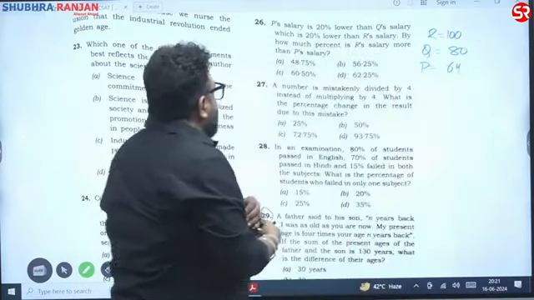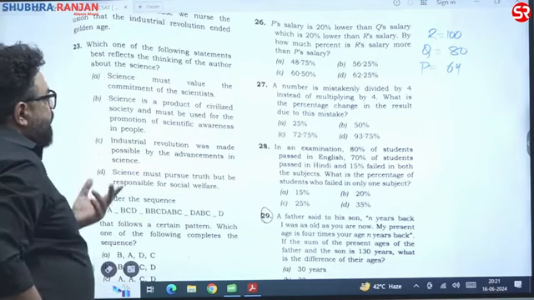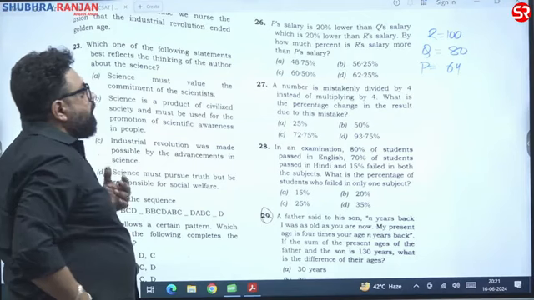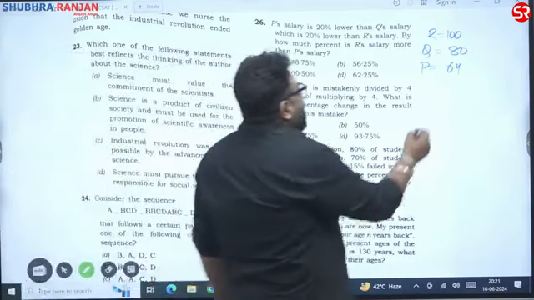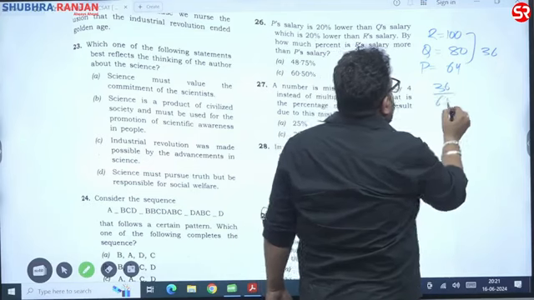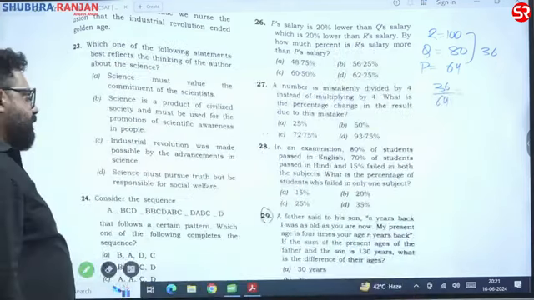Right? By how much percentage is R's salary more than P's salary? So now he is asking you R's salary more than P's salary. So the difference of both is 36. So percentage change is 36 upon 64. 36 upon 64.